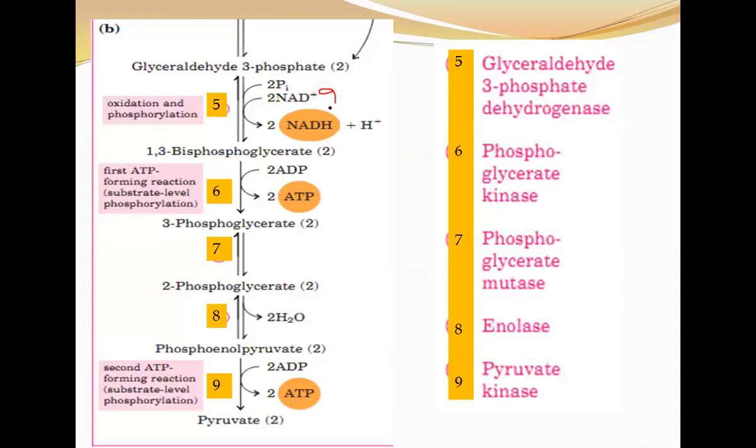So next is the sixth step, where ultimately we formed 1,3-bisphosphoglycerate, and we have already explained why we call it so. No doubt by glyceraldehyde oxidation we created glyceric acid, but since there was a phosphate group present at the third position, we called it phosphoglyceric acid.